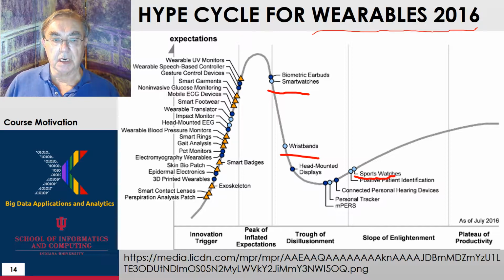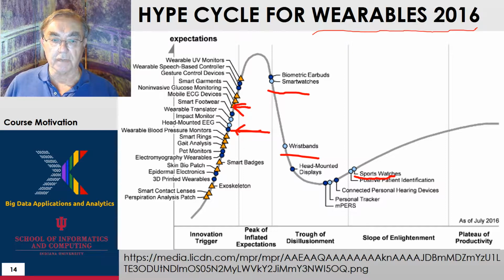And over here we have intelligent shoes or something with things built into their soles to monitor the pressure and things like that, and head-mounted EEGs, again for reading out automatically from patients' blood pressure, skin patches, all sorts of, and here are wearables coming from 3D printing. That's sort of quite common these days.